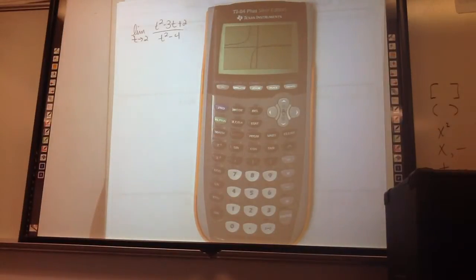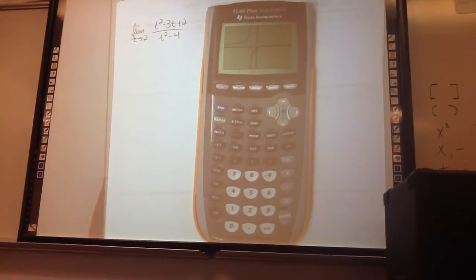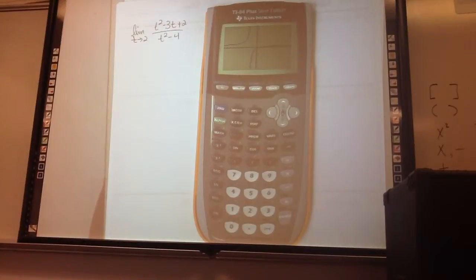I did it last time at the beginning of the year and it kept doing that. I didn't know why. It's trying to show you asymptotes. Oh, this one goes fast. Do you want a different calculator?